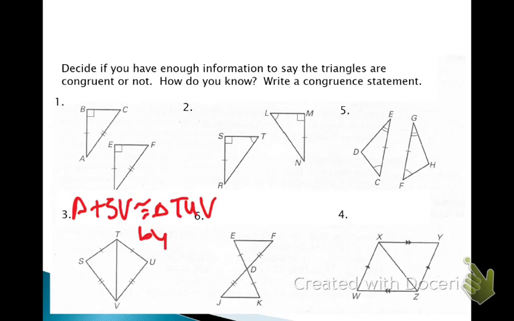Side. Yeah, side, because always remember when you have a shared side, you're going to mark it congruent to itself. So TV is congruent to itself. It's common to both triangles, and so we have a side congruence.